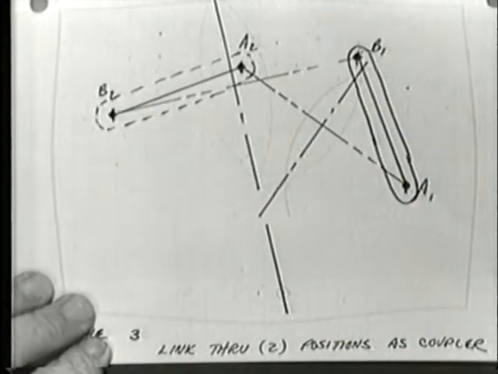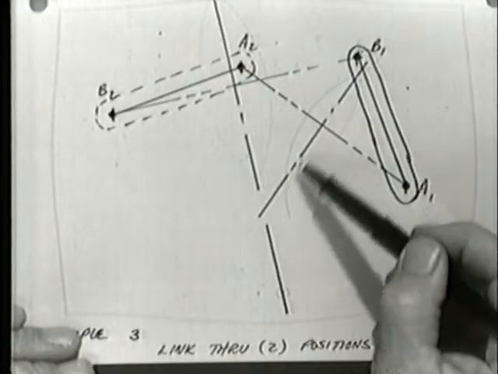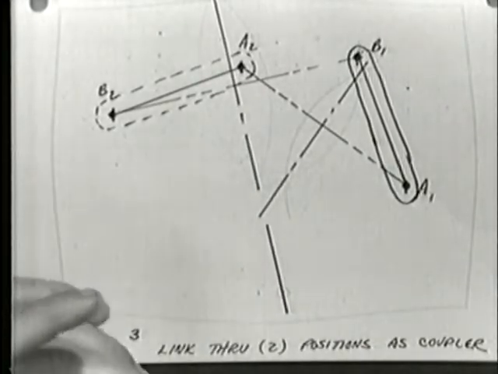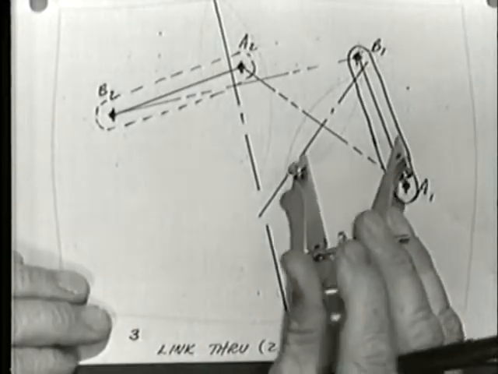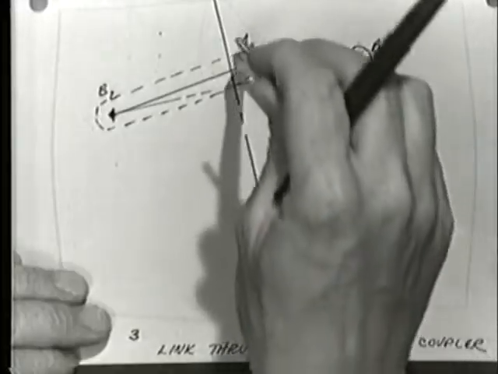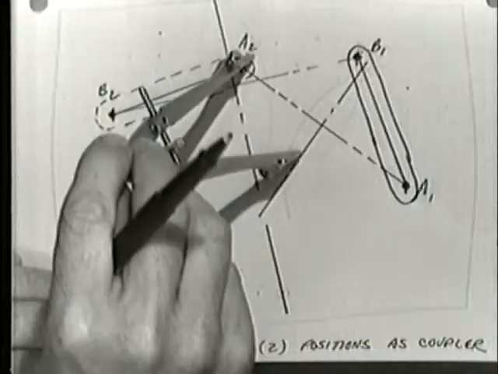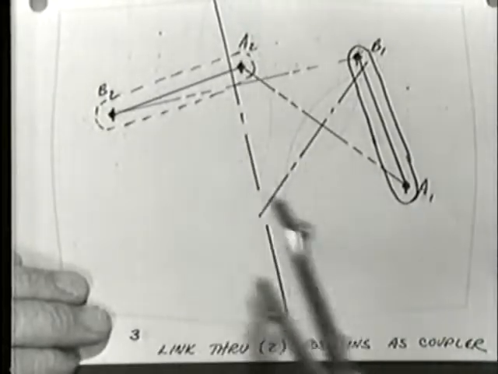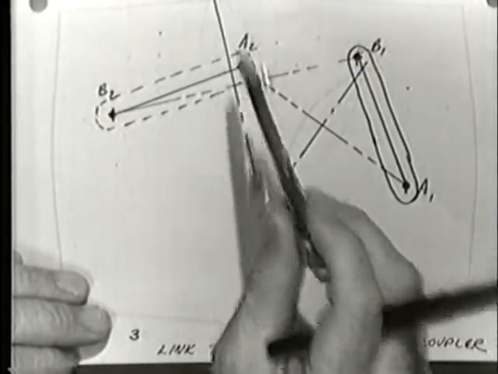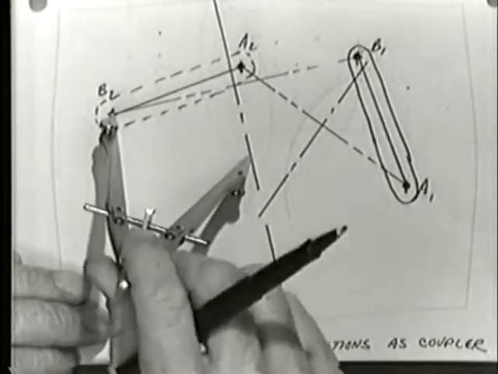Now, I can literally take any point on the perpendicular bisector of the line A1, A2, and as previously demonstrated, any point on that line will satisfy the constraint that an arc struck from that point through A1 will also go through A2, right? A1, A2. And in like fashion, any point on the perpendicular bisector of B1, B2 will go through both B2 and B1. That's just plain geometry.